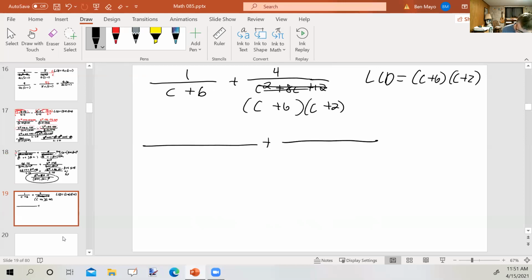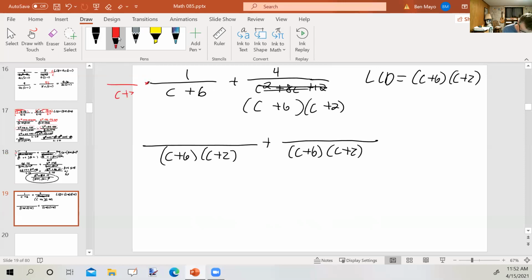So I'm going to get c plus 6, c plus 2 as the denominator. The first fraction is missing a c plus 2 in the denominator, so I also need a c plus 2 in the numerator, which means my new numerator will be 1 times c plus 2, or just c plus 2.